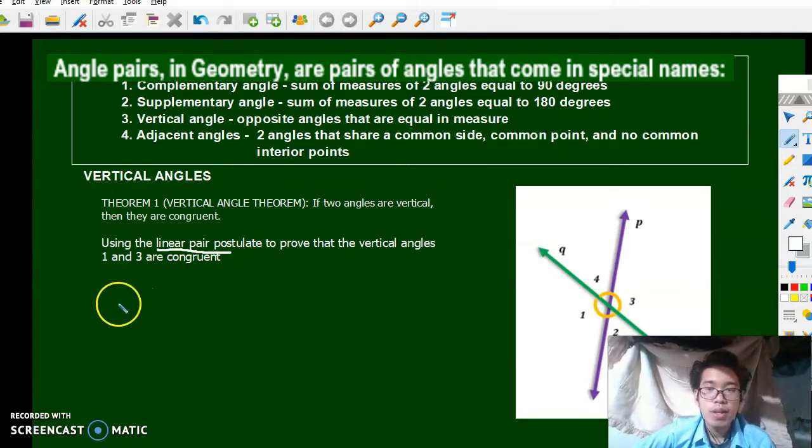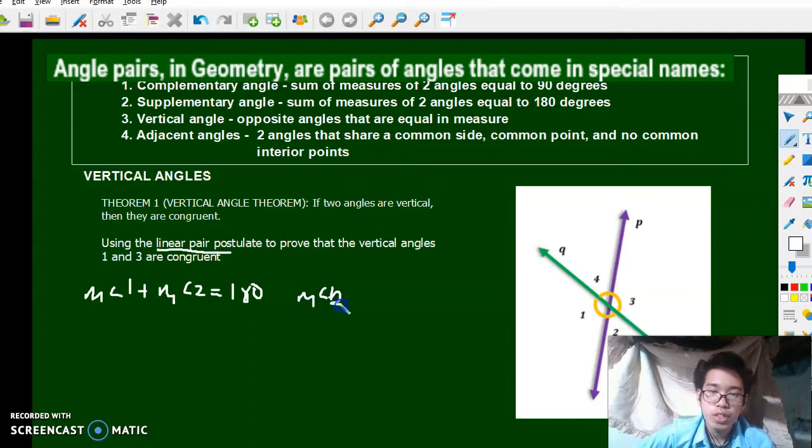From the linear pair postulate, we can deduce that the measurement of angle 1 plus the measurement of angle 2 is equal to 180 degrees, and based on the figure, the measurement of angle 2 plus the measurement of angle 3 is also 180 degrees.